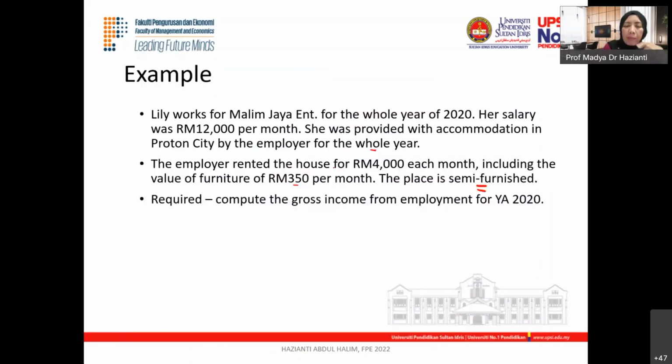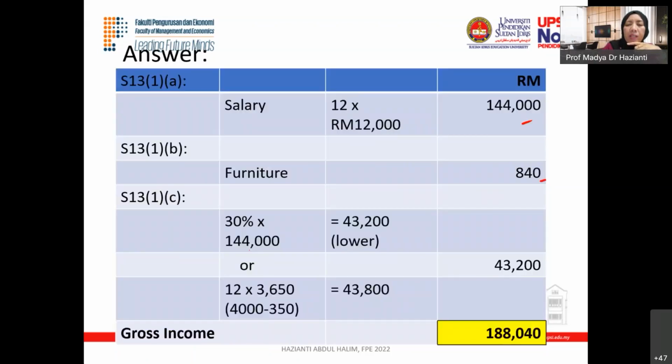Employer dia sewa 4,000 tapi furniture 350. You must tolak harga furniture. 4,000 tolak 350. Remember section 13(1)(c) ni is about unfurnished accommodation. Value of unfurnished. Bila value of unfurnished, sekarang rumah dia ada furniture kan? Kita kena tolak lah harga furniture.